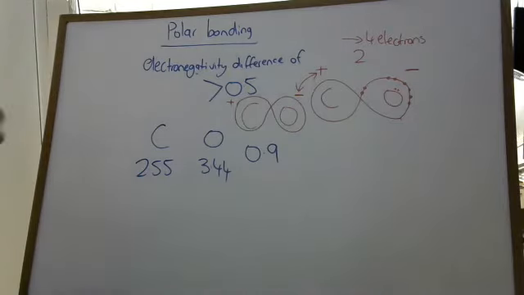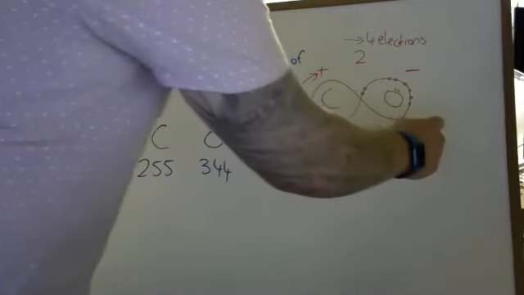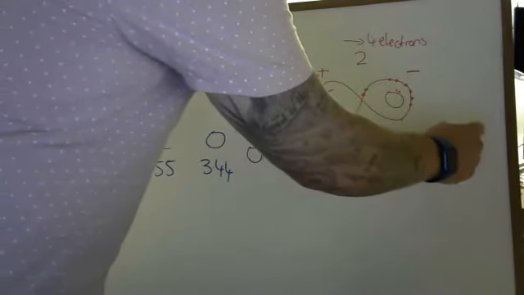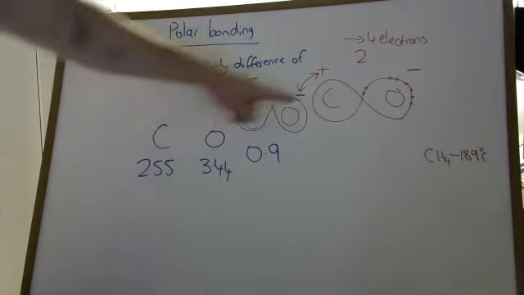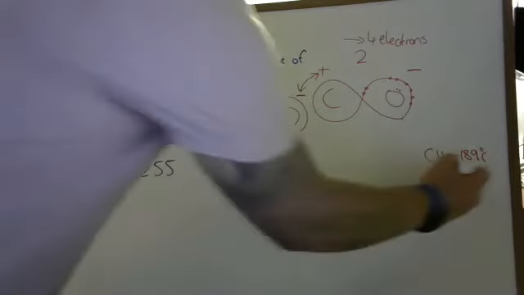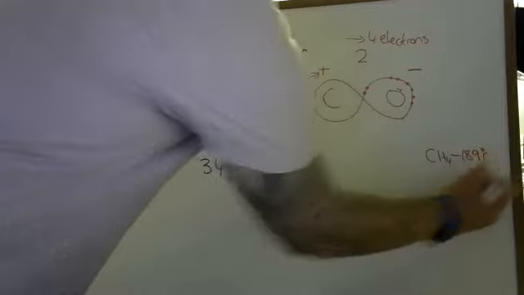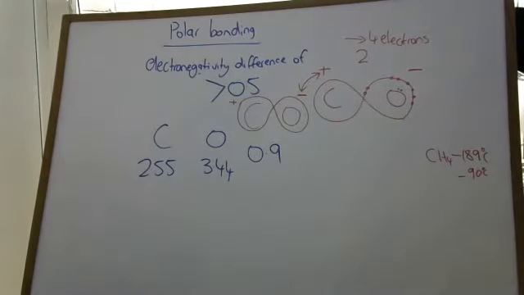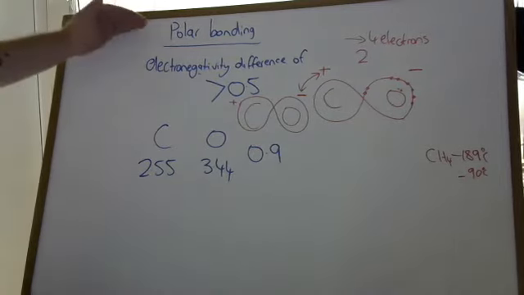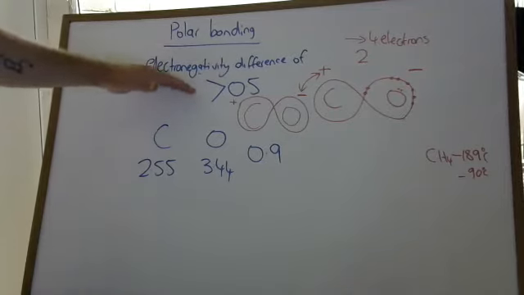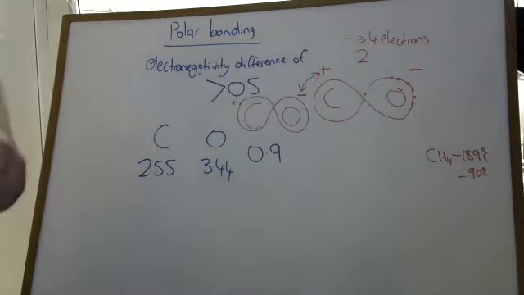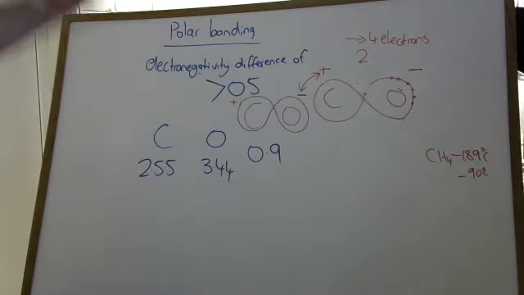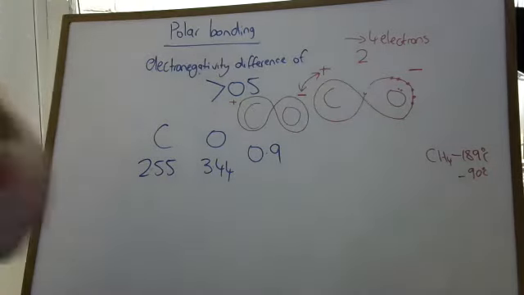So if we have CH4, minus 189 degrees Celsius boiling point, a molecule with carbon and oxygen that's the same size will have a boiling point of about minus 90 degrees Celsius, or minus 89. So polar bonding: big electronegativity value difference, uneven sharing of the electrons, because carbon donates 4, but oxygen only needs 2, so it's greedy.